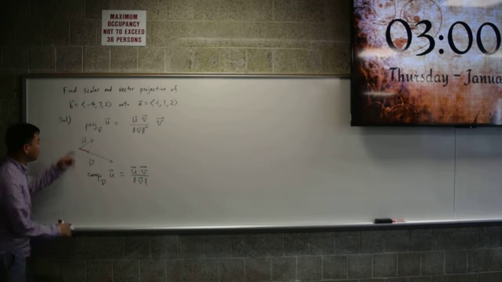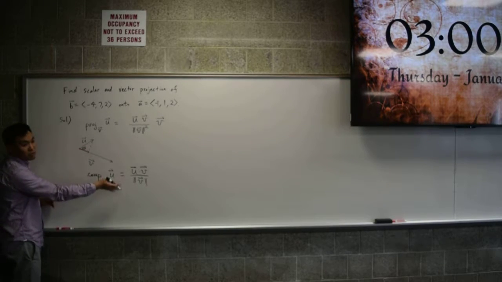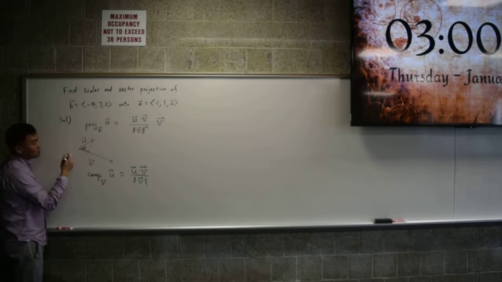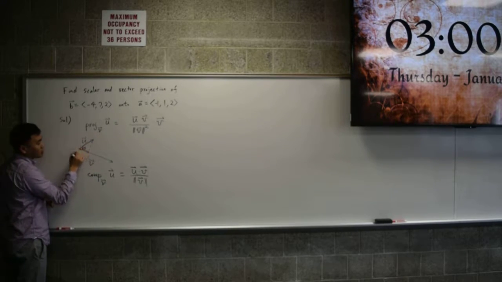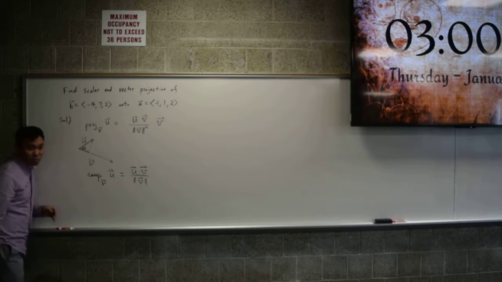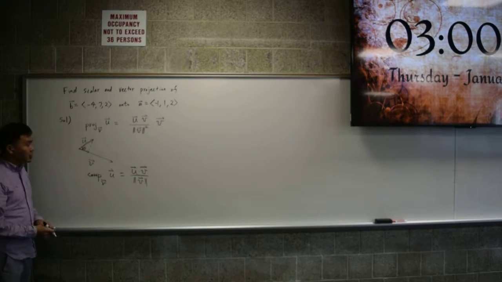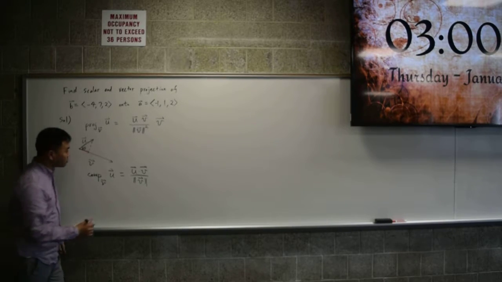So you end up with u times the cosine of the angle theta. And we've seen several times in physics that if you do this length times cosine of this angle, you get this length, right? So that's basically what this formula is saying. All right, now let's actually calculate it. Let's calculate this one first.